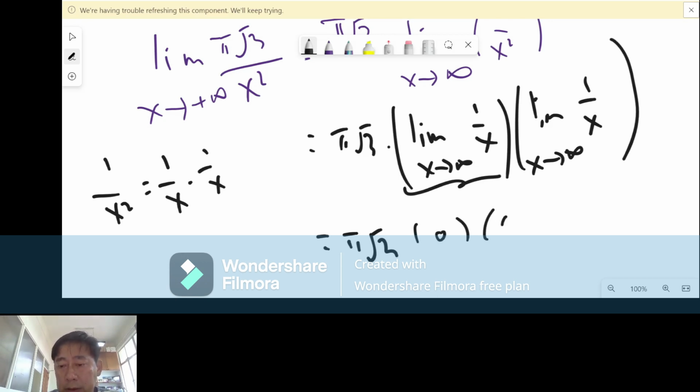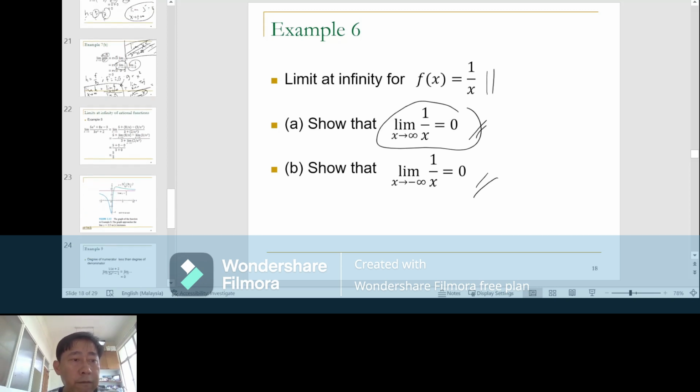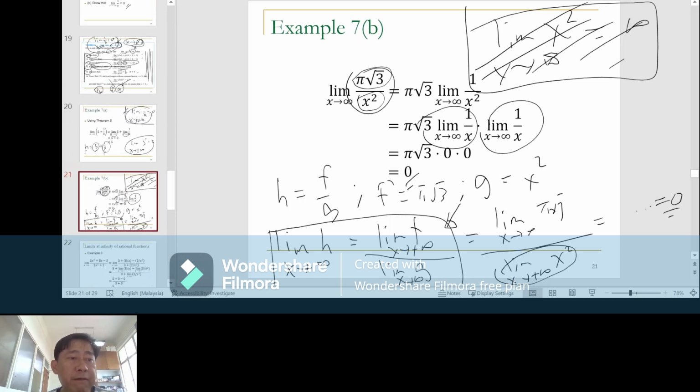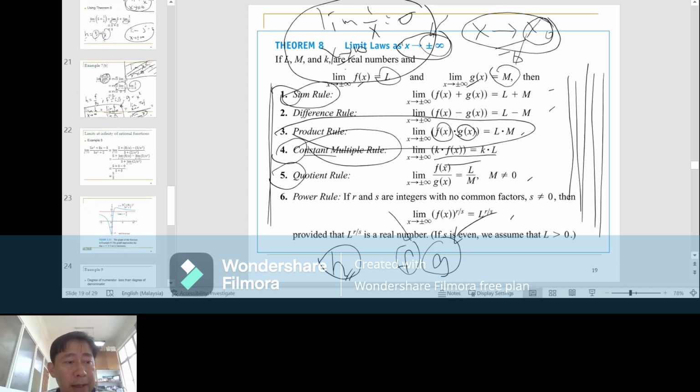So this is 0. So you got a value of 0. So here we have just completed the proof that the limit of the example in 7b is just equal to 0. Okay, so this is also an example to exemplify the applications of theorem 8 onto a function that has a limit when x tends towards plus or minus infinity.